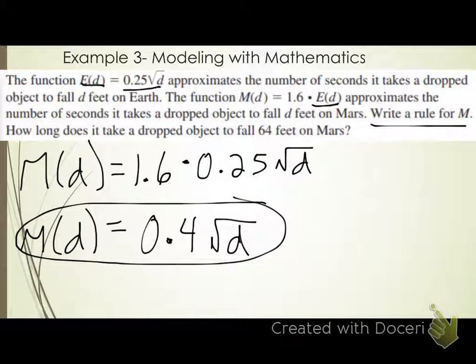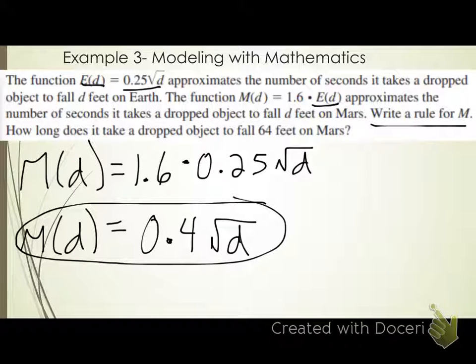Now it says, how long does it take a dropped object to fall 64 feet on Mars? How am I going to go about that question? Can you replace d with 64? Very good. Because it tells me that this function approximates the number of seconds it takes a dropped object to fall d feet on Mars.